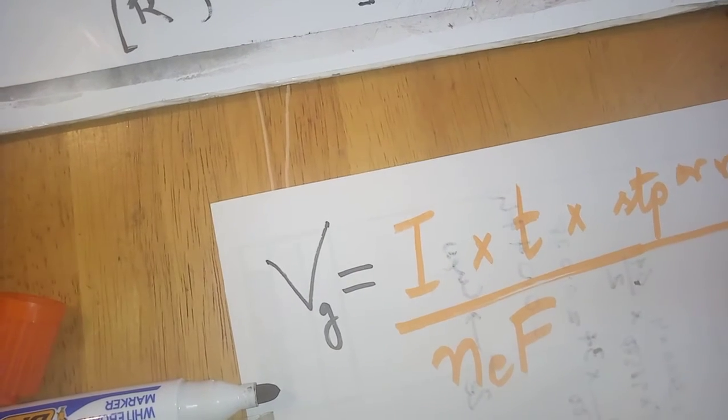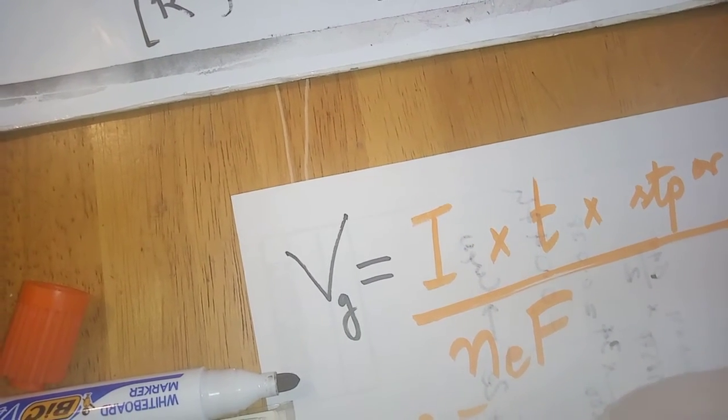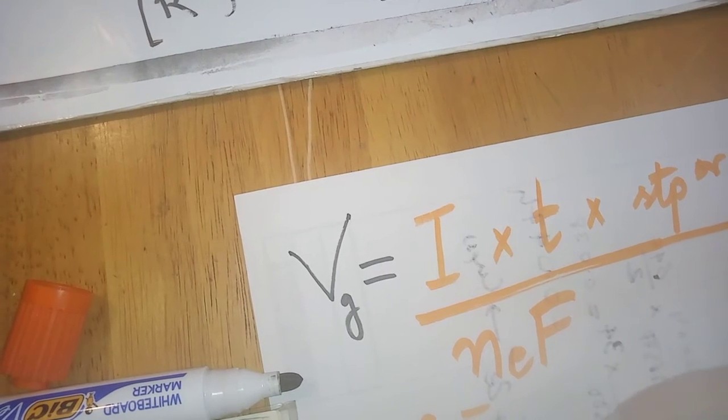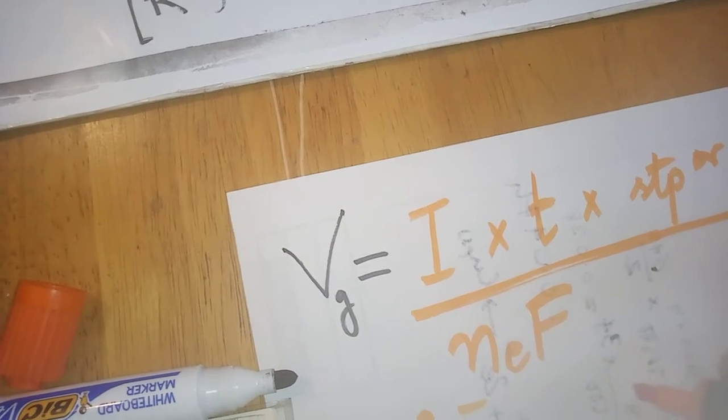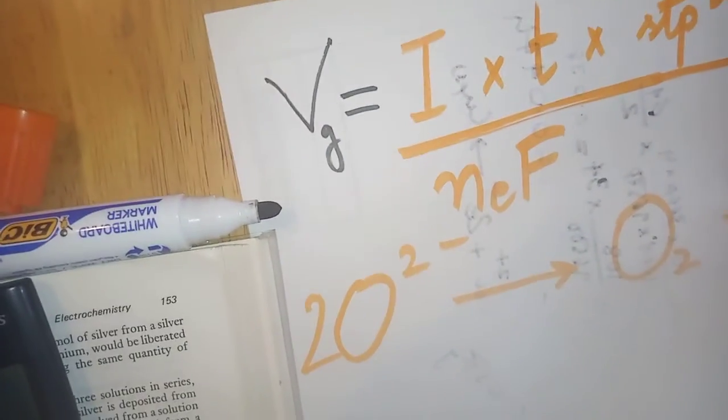And we know that 1 mole of oxygen releases 4 moles of electrons.